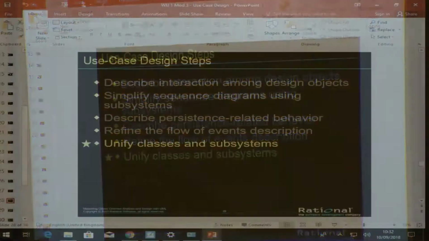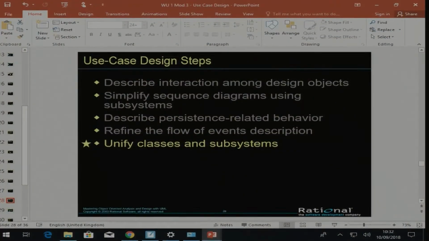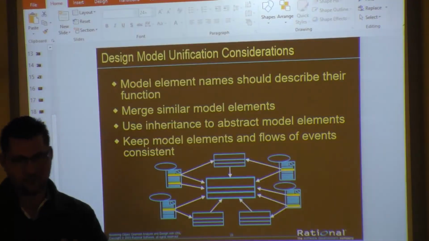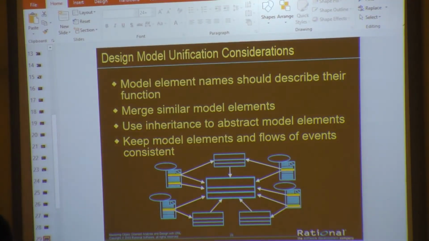What does it mean to unify your classes and subsystems? When will you do it? A lot of times we have multiple use cases and teams developing your system, and it's not just one person, and they might discover classes which overlap a bit.